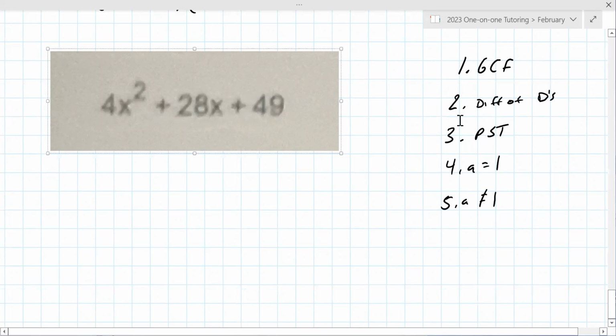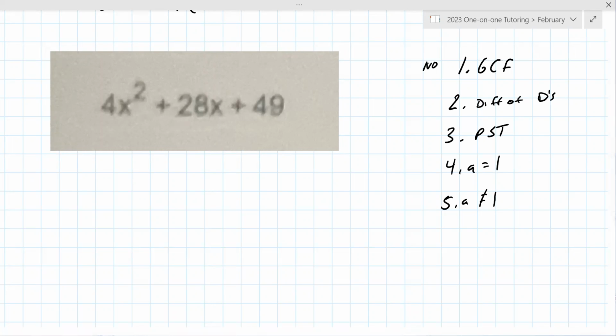It's not a GCF because the 4 and 28 and 49 do not share a greatest common factor. That's right. Good.